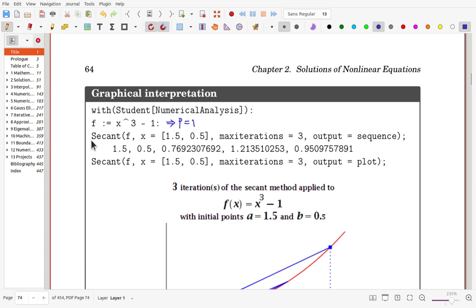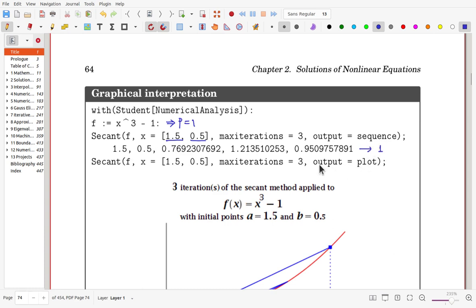Now, by using a built-in function of Maple, we choose p0 as 1.5, p1 as 0.5, and we do 3 iterations, which outputs this sequence. So here p0, p1, p2, p3, p4, it looks like it is converging to 1.